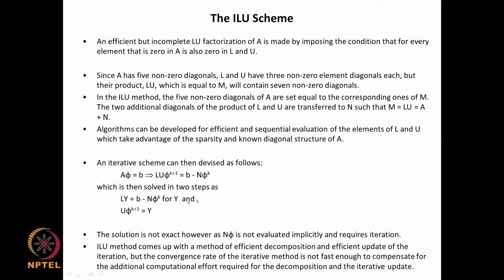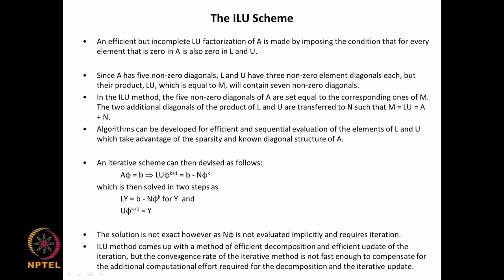and you have to do this repeatedly because this is an incomplete LU decomposition. So the solution is not exact because N phi is treated explicitly at k. So you have to go through iterations and then you will ultimately get a converged solution. So, unlike the LU method which is exact and converges in one iteration, the ILU method, which is incomplete LU decomposition and therefore has a remnant of N phi which is evaluated explicitly, will become an iterative method.